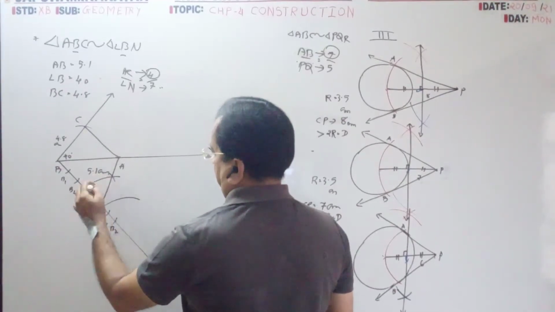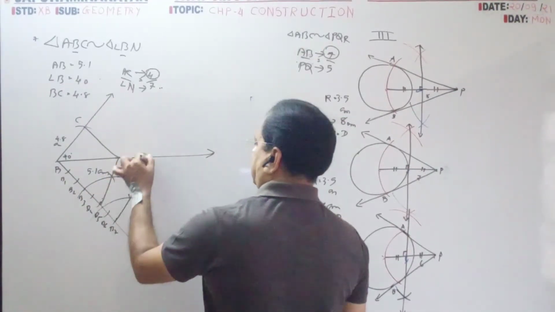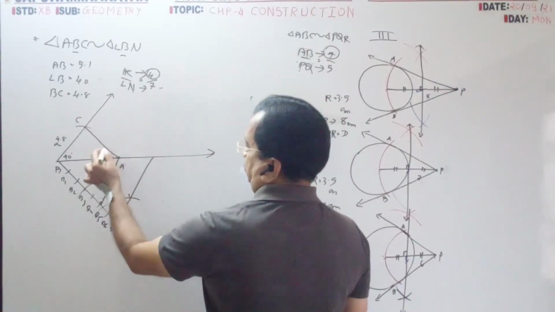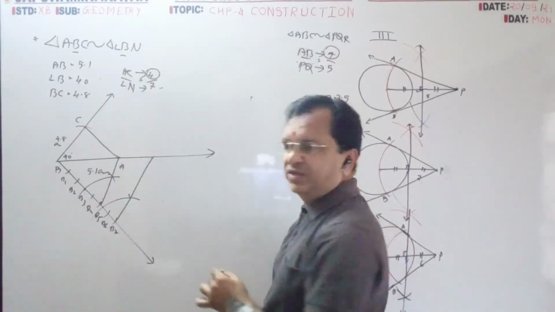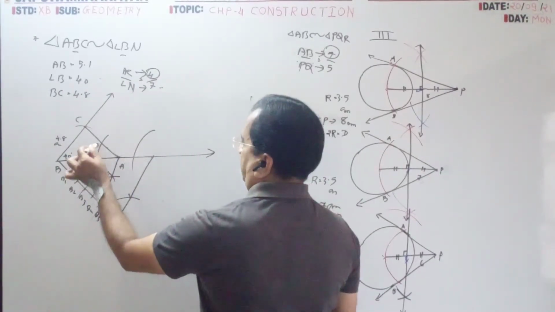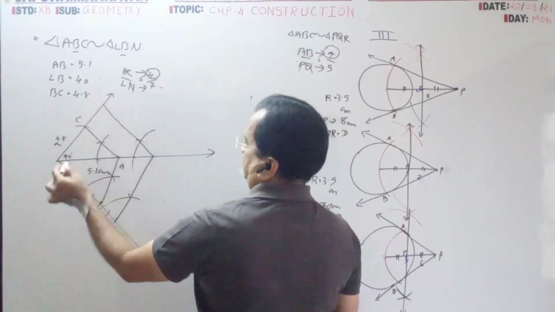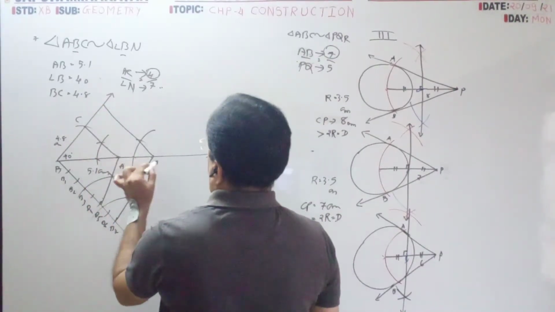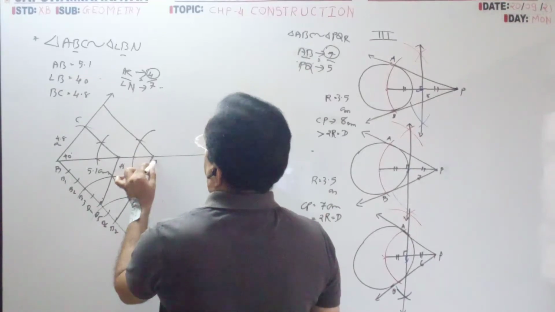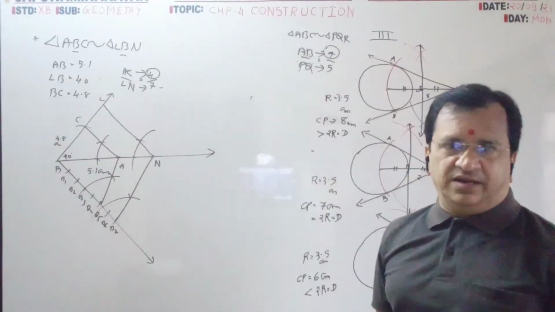From here cut for the measurement. Again to this, from here parallel. From here 1, from here 1. From here 2, from here 2. So this is B, B and L, the enlarged triangle.